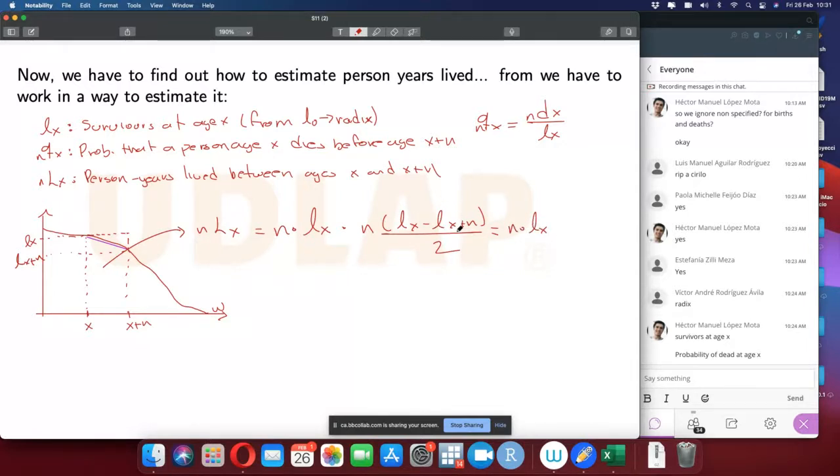So what is the thing that I have here in the parentheses? If I have survivors at lx, and then I subtract survivors at lx plus n, what do I have between people surviving at this age and people surviving at that other age?